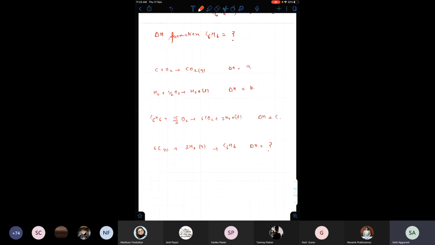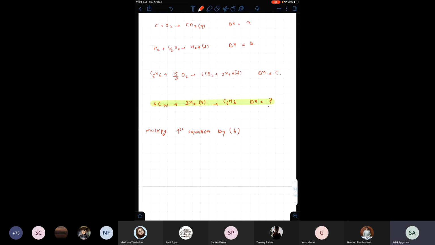So we want in the main equation 6 carbons. What we'll do? We'll multiply first equation by 6. It will become 6A.